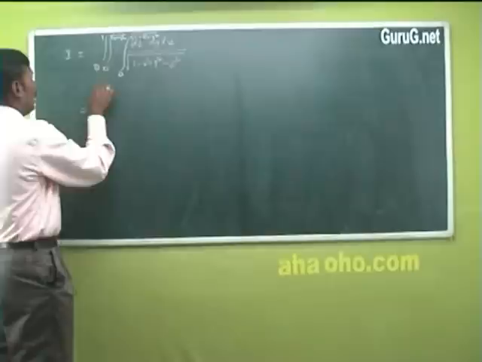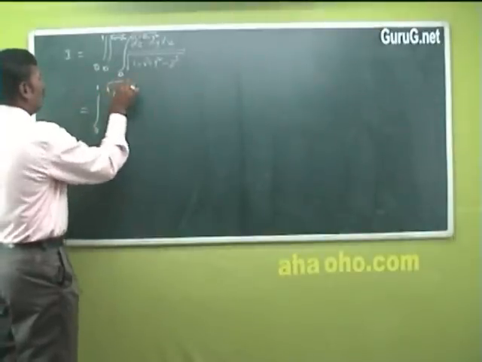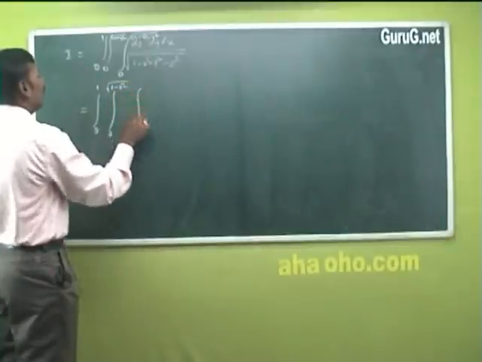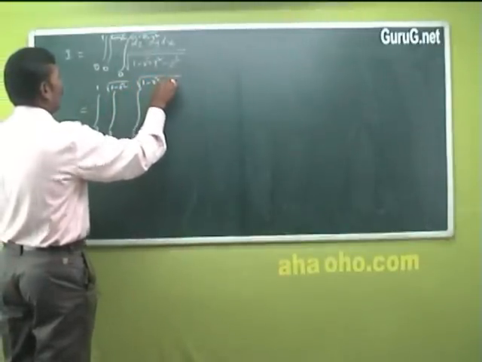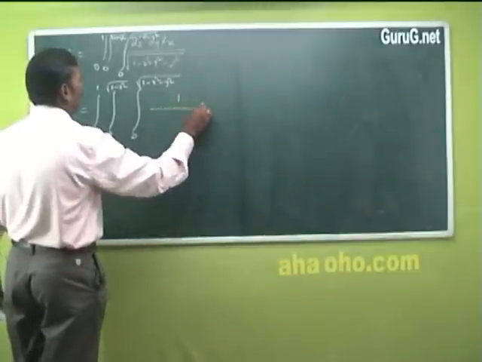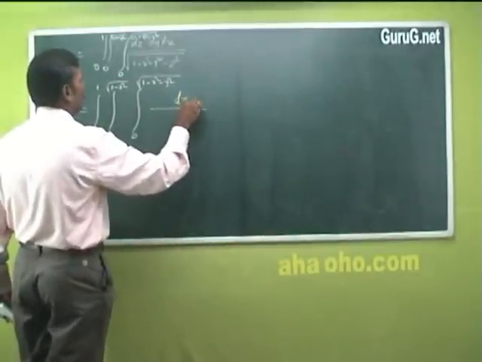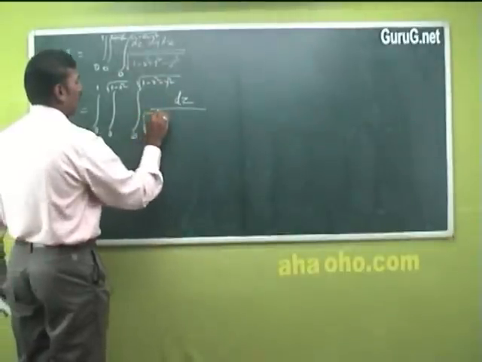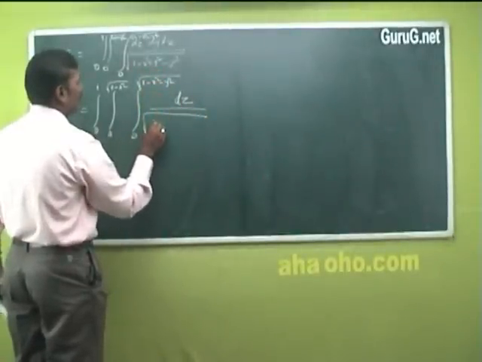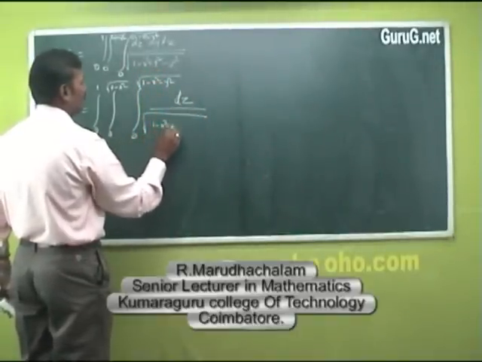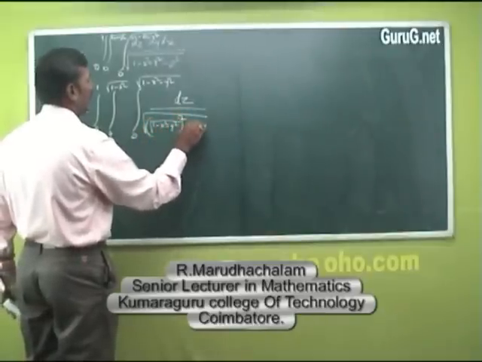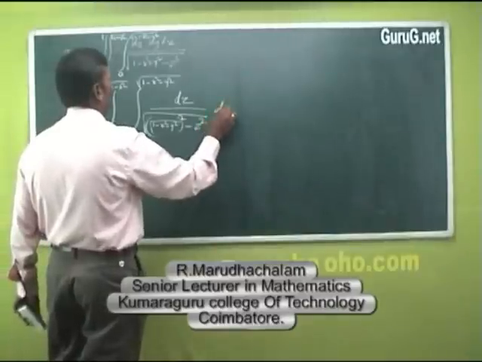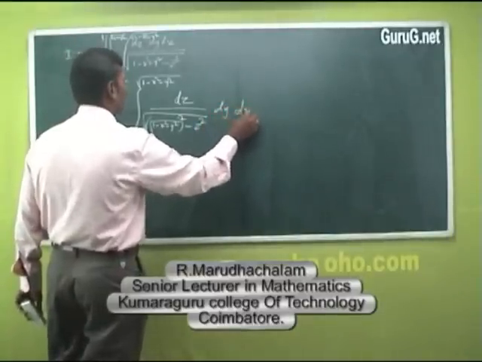So integral 0 to 1, 0 to root of 1 minus x squared, 0 to root of 1 minus x squared minus y squared, dz by root of, the whole square of 1 minus x squared minus y squared, minus z square, dy dx.